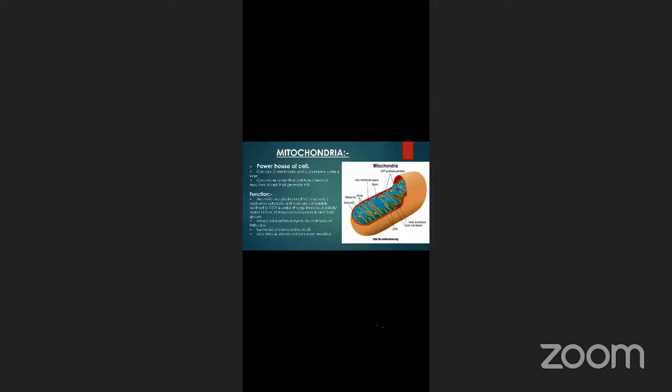Okay, I'll stop here. If you have any doubts, you can ask. Ma'am, once again, can you explain the types of lysosomes? Types of lysosomes is on page number 22 in the reader textbook.